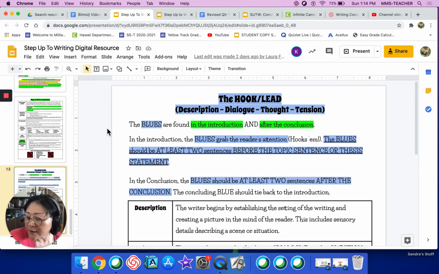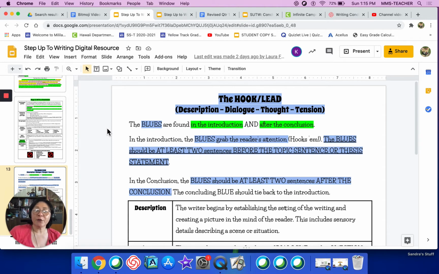So we're at the end of the slideshows now for Step Up to Writing, and we're ending with the hook / lead, and it is color-coded blue, but you will find the hook or the lead a lot of times in the beginning.